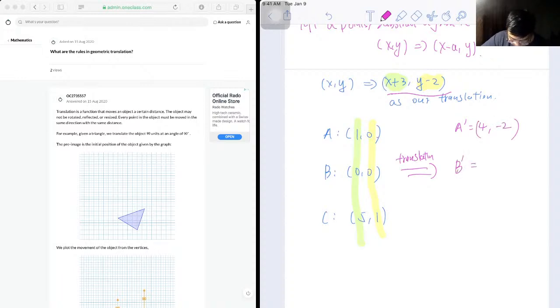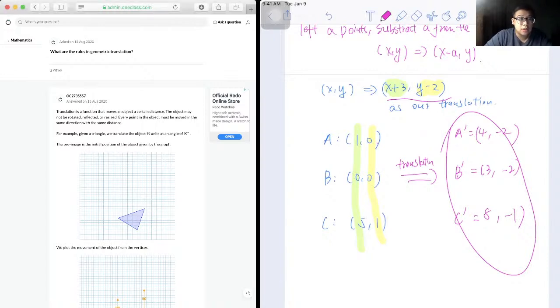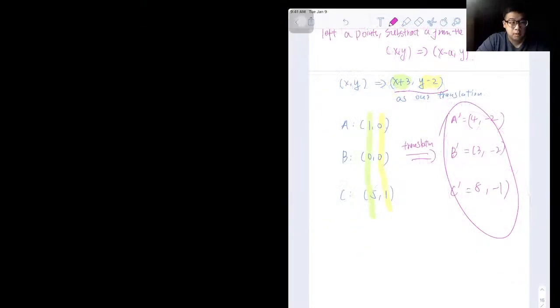Same for B. 0 plus 3 will be 3. 0 minus 2 will be negative 2. And for C, 5 plus 3 will be 8, and 1 minus 2 will be negative 1. So those are the coordinates after the translation. So let's see. Yep. Answer is correct.